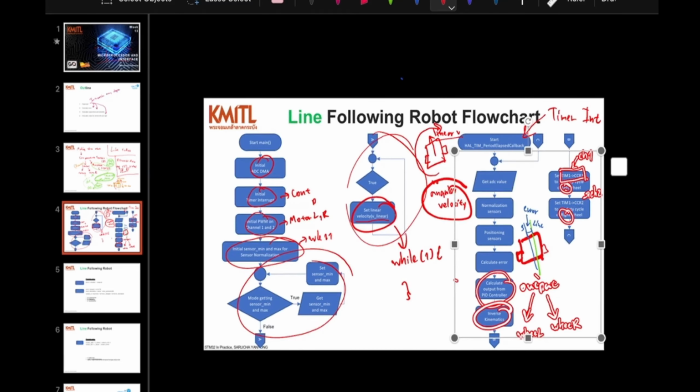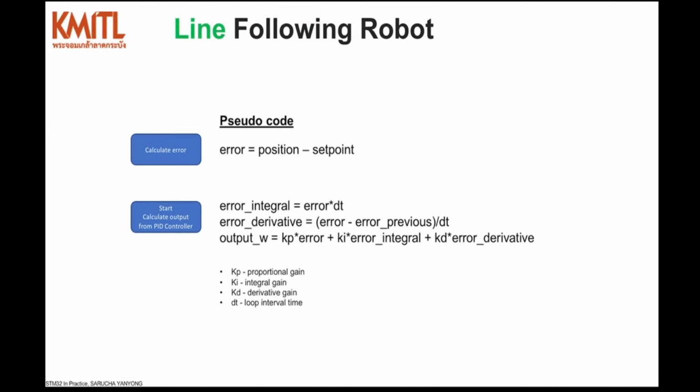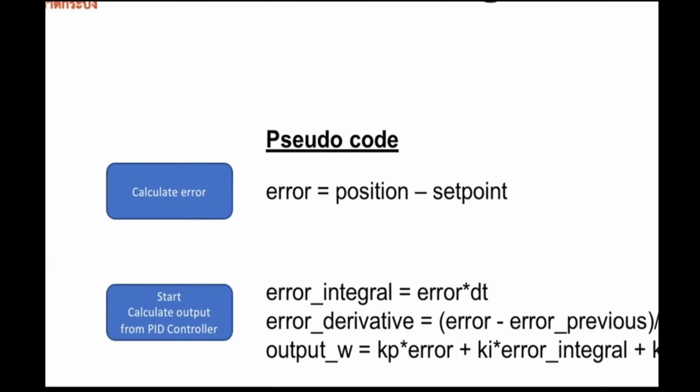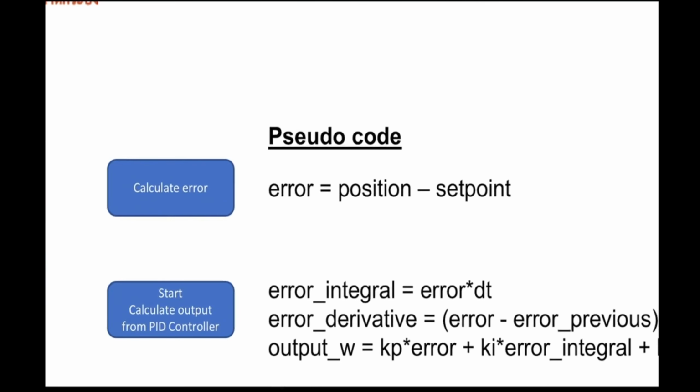I will explain more about the error. To calculate the error, it means the position. This is a thing that you got from the sensor normalization and the position, maybe in week 11. And our set point is equal to 0, because we need the robot to move to the center of the line.